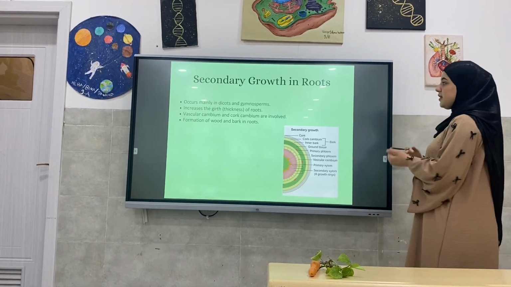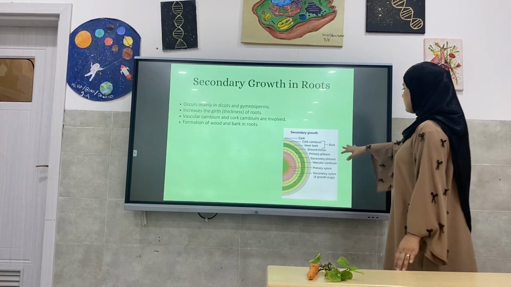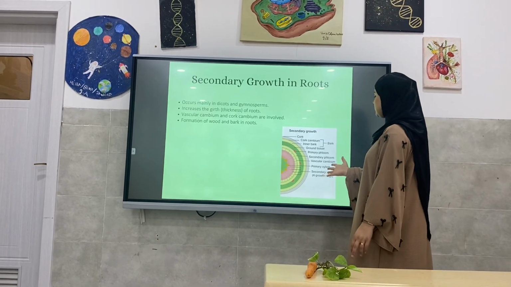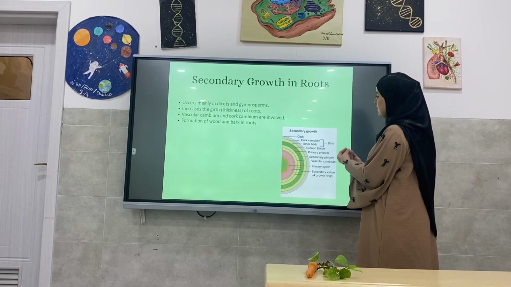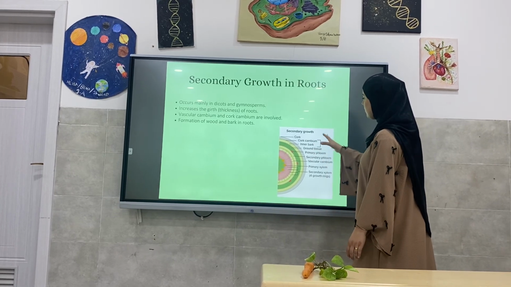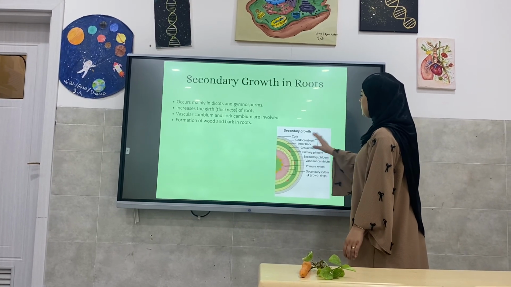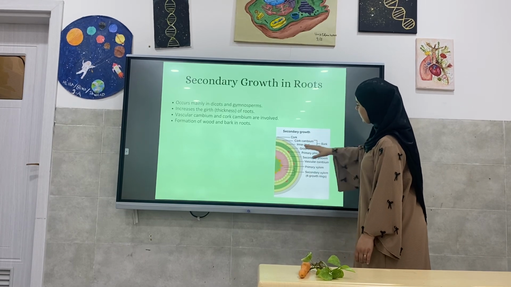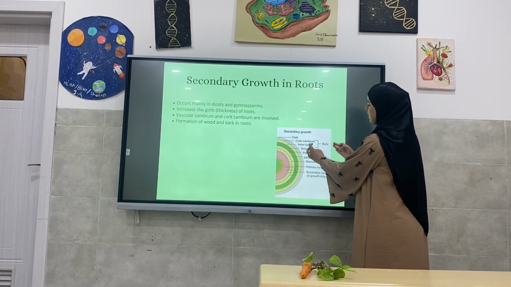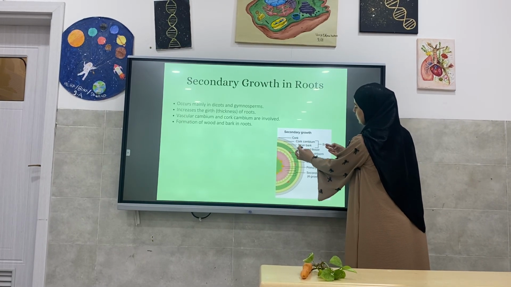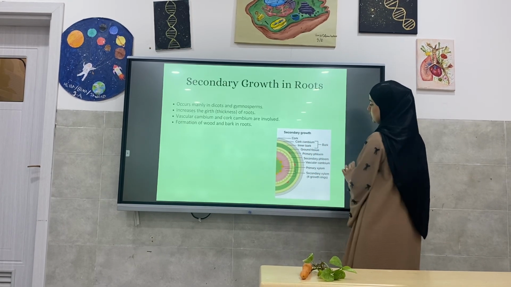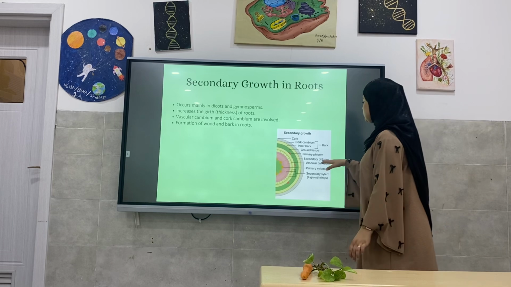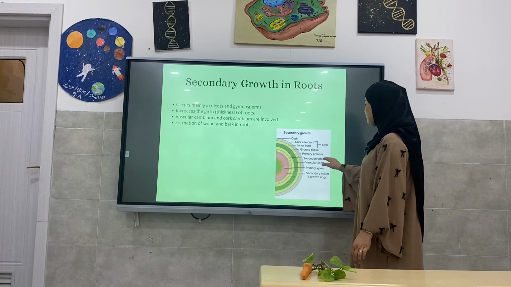About the secondary growth in the root, this is the part, which means all the part when we grow inside the root. This is all the part of the secondary growth. We have cork cambium, which is inner bark, and cork cambium, and ground tissue and primary phloem, secondary phloem.